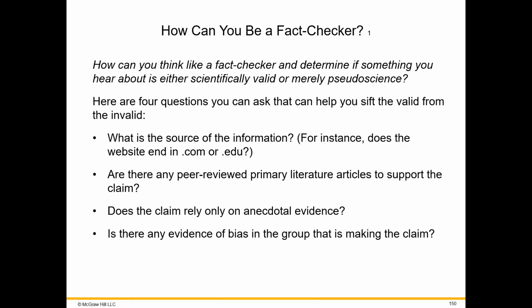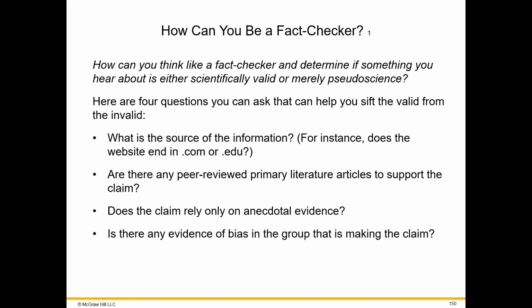And now, how can you be a fact checker? Okay. As a citizen, as an educated person, you need to become a fact checker. You need to think like one and determine if something that you hear is scientifically valid or just pseudoscience. So, here are 4 questions that you can ask to sift the valid from the invalid. Where is the source of information, right? This is important.